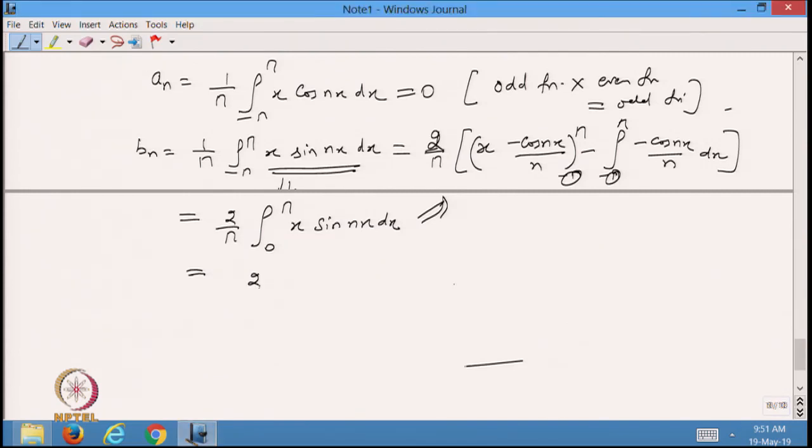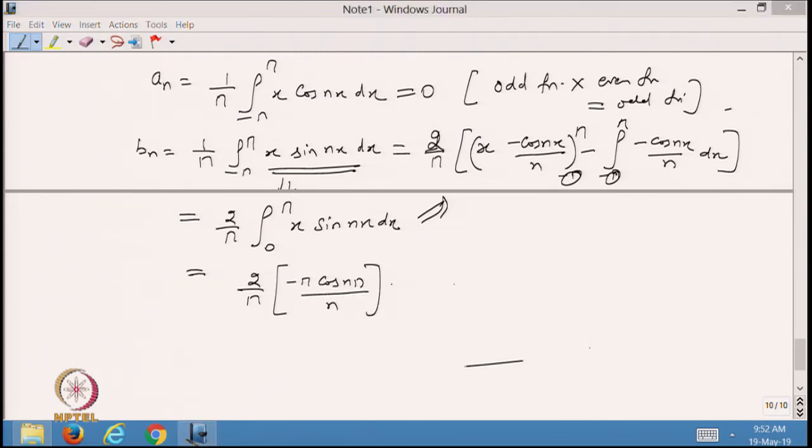So, if you do the integration and put in the limits, this value comes here as 2 by pi, and then 2 by pi times minus pi cos n pi divided by n. After doing this, this pi will cancel out, and I will get 2 by n and then cos.